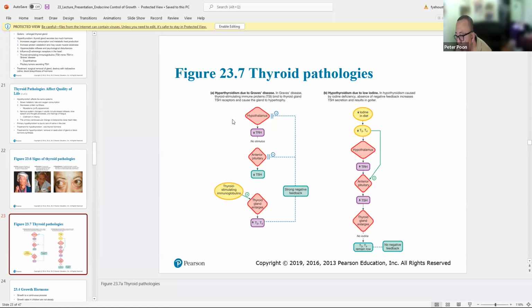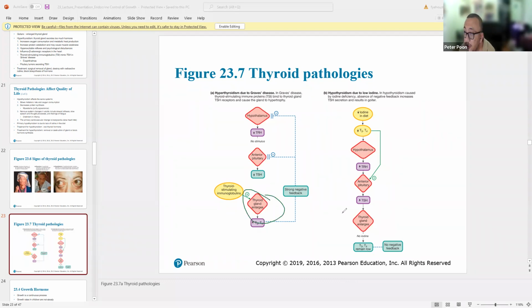Hypothyroidism is due to low iodine. So if you look at these two cases, you'll see something really kind of weird. The thyroid gland enlarges, the thyroid gland enlarges. But there are two different causes for why the thyroid gland enlarges. And make sure you understand this.